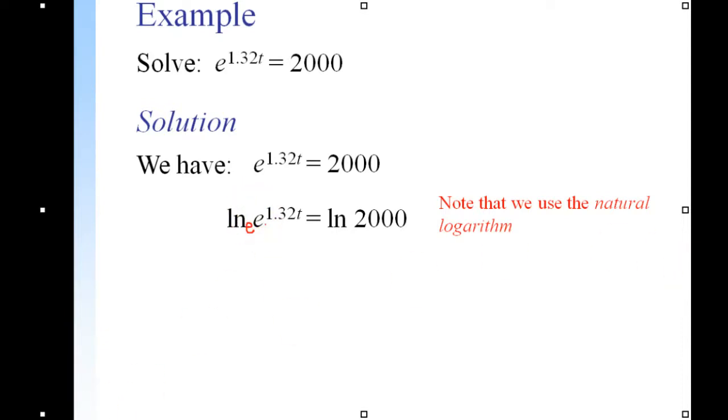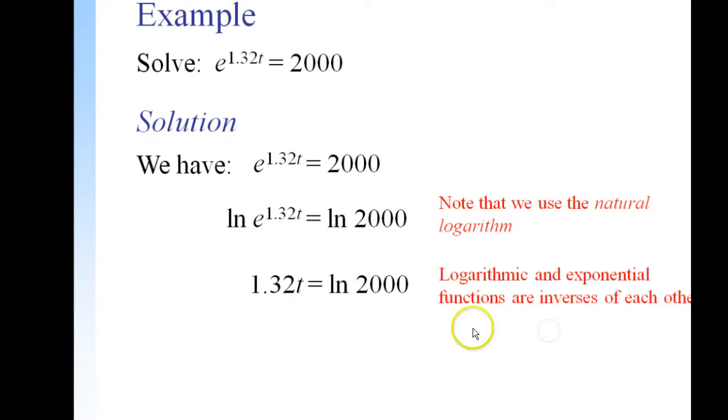So that on this side, it just becomes 1. This is equal to this, and that's where we get 1.32t is equal to the natural log of 2000.